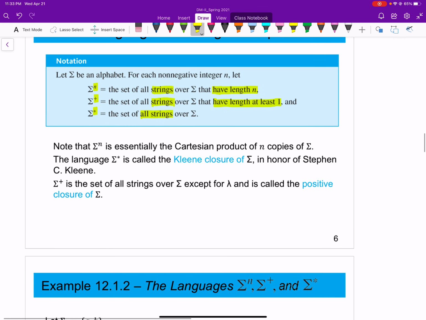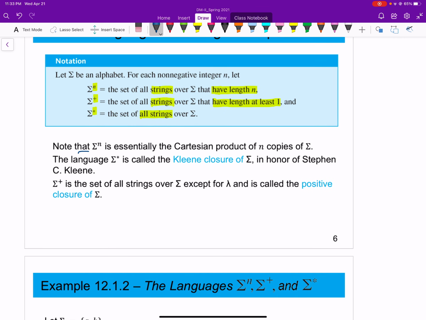Okay, now go down. Note that sigma to the power n is essentially the Cartesian product of n copies of sigma. The language sigma asterisk is called Kleene closure of sigma in honor of Stephen C. Kleene.